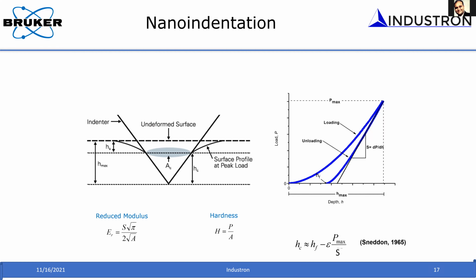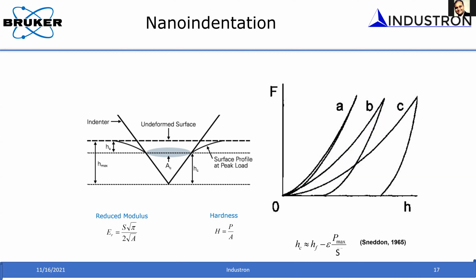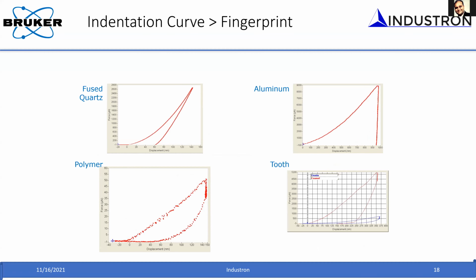As I mentioned in the beginning, depending upon the material that you have, whether it is highly elastic or elastoplastic, you will get a different response, from elastic response to elastoplastic response. So the load displacement curve that you measure is a kind of fingerprint for the material that you have. For example, if you do the same experiment on fused quartz, you have a fingerprint like this.